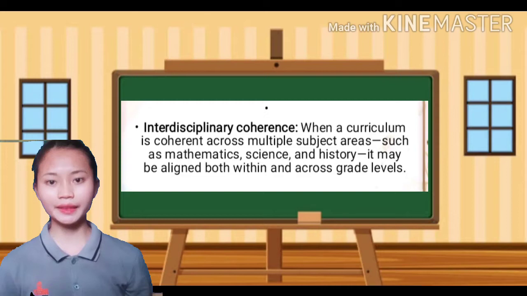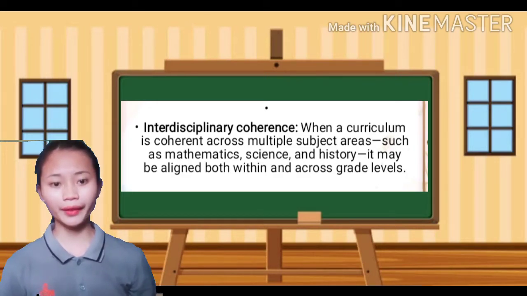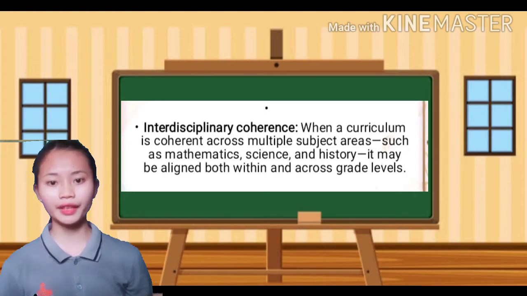Lastly is the interdisciplinary coherence. When a curriculum is coherent across multiple subject areas, such as mathematics, science, and history, it may be aligned both within and across grade levels.